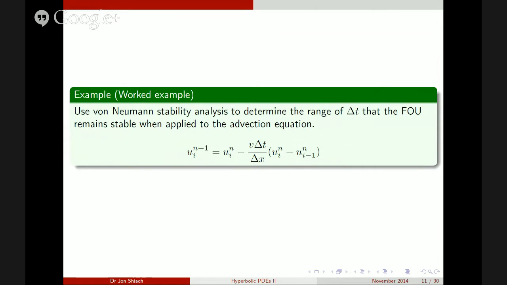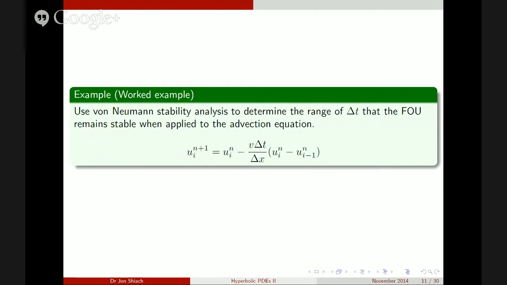Okay, there's my old friend, the first order upwind scheme.